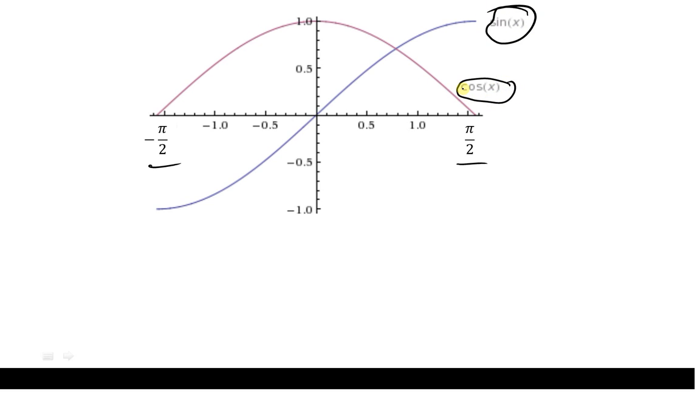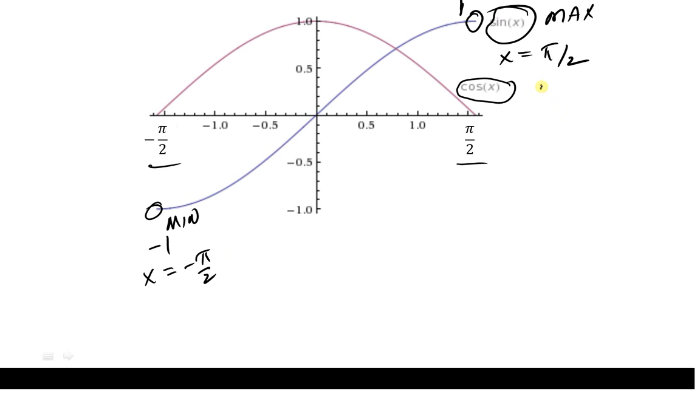And you recognize that the sine function has a maximum value of 1 at x equal pi over 2 and a minimum value of minus 1 at x equal minus pi over 2. Notice that these values happen to be on the endpoints of the interval.